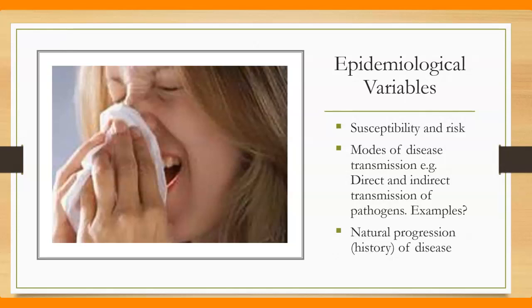It's the natural progression history of the disease. So now that we are coming out of COVID and the pandemic, there's still cases, but there's less of it, or the mutation of that disease, right? So epidemiological variance really looks at all of those aspects, and it looks at population health.